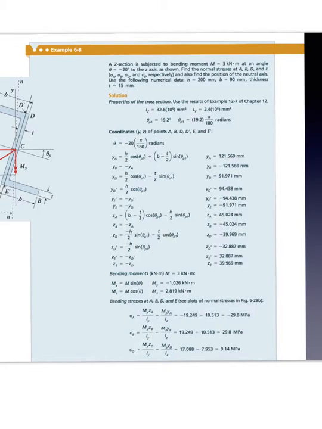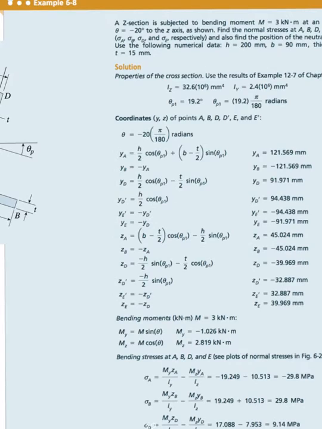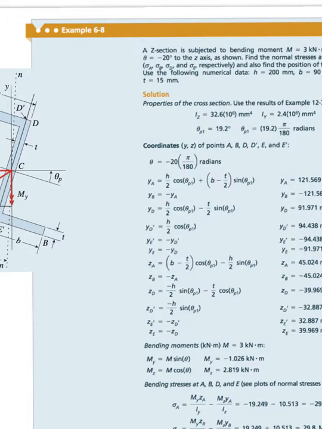And the y is shown there. That is h over 2 the cos of theta p, the distance from there to there, and you're subtracting that small bit that we were dealing with there.